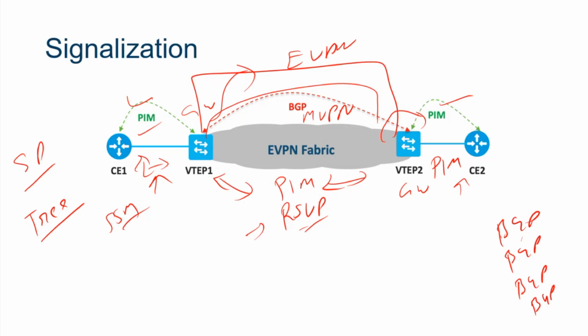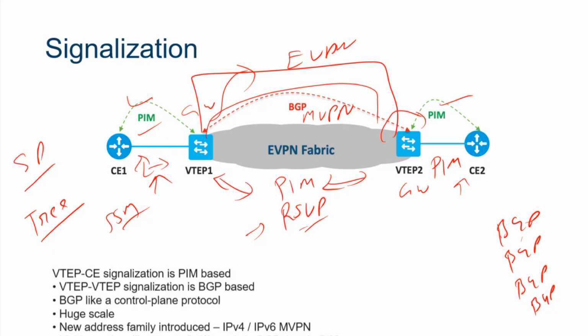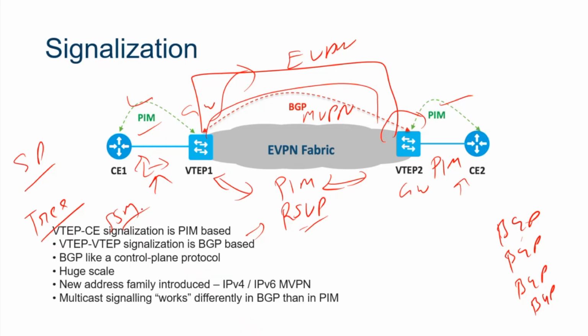We will talk about that. Okay, should be simple enough. Let's just see what text we have. So technical terms, VTEP, your CE, signalization is PIM based, VTEP to VTEP, BGP based. We all know BGP is a control plane protocol, and when you deploy BGP, scalability comes by default.